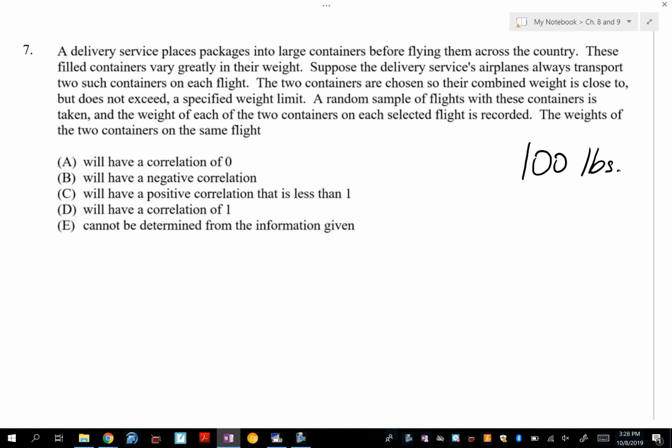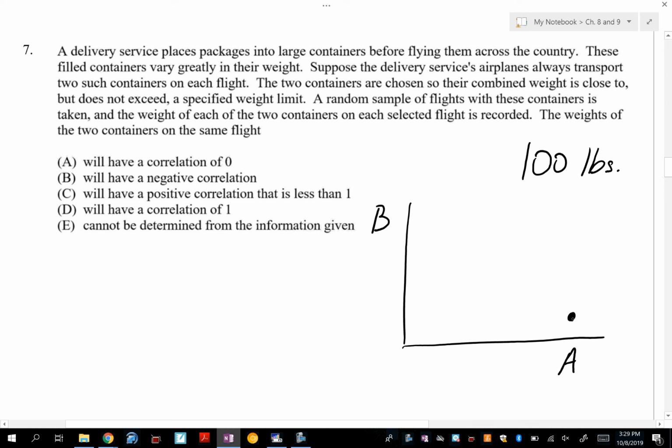All right, interesting. So if I were to sketch a scatter plot where this is package A and this is package B, let's say this package I'm looking at is 90 pounds for A. So how much for B? 10. So it'd be like down here, right?